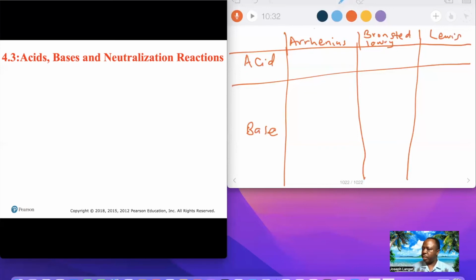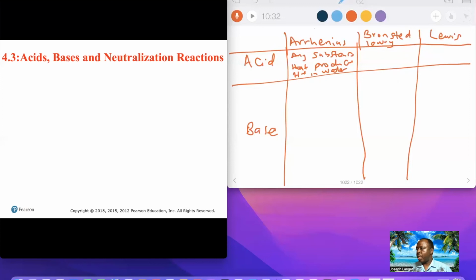An acid is simply any substance that produces H plus in water. Any substance that produces hydrogen ion in water is Arrhenius.